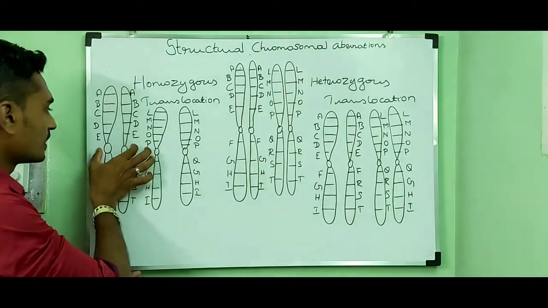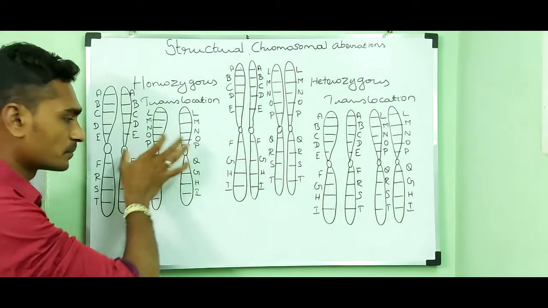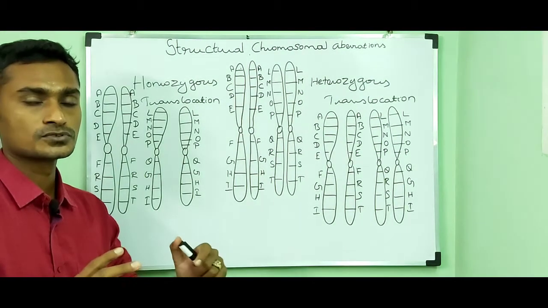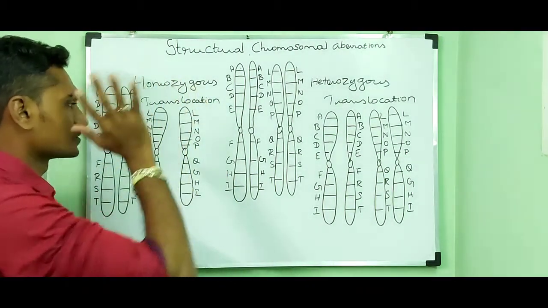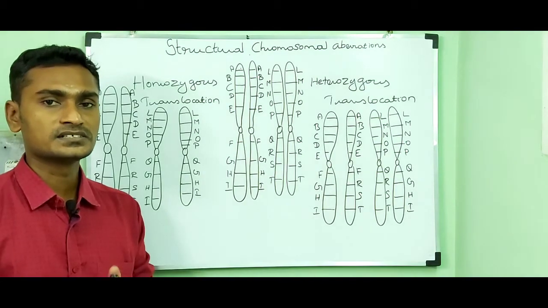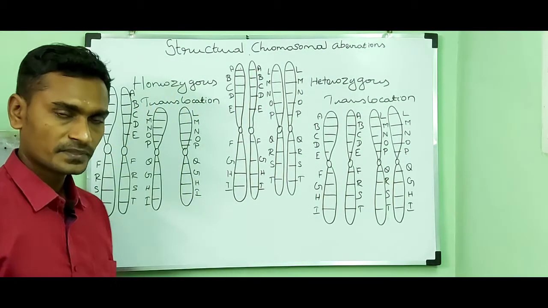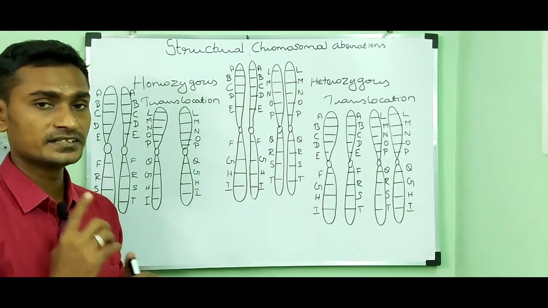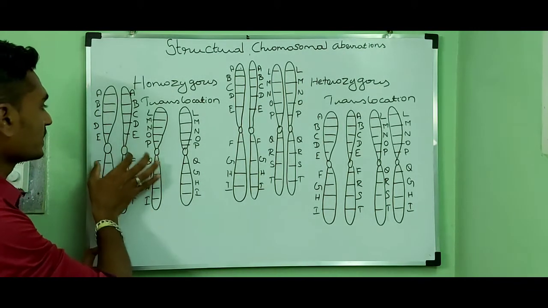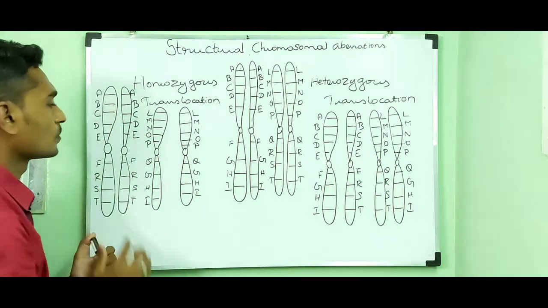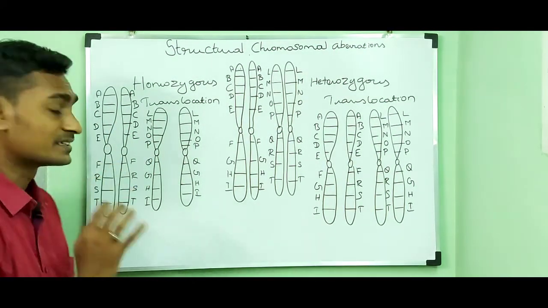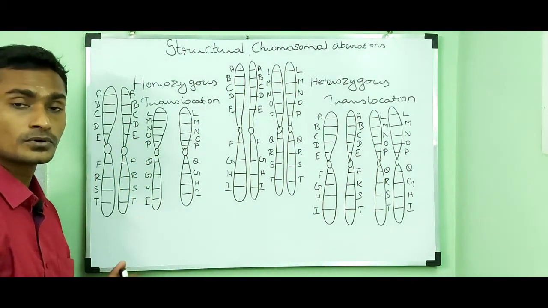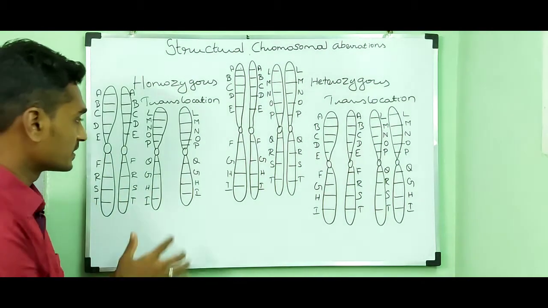So this is a pair of homologous chromosomes and this is another pair of homologous chromosomes. These two pairs are involved in translocation. That is why this process is called homozygous translocation. You can find the two homologous chromosomes are identical here, and here also.